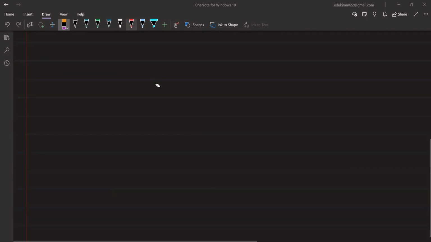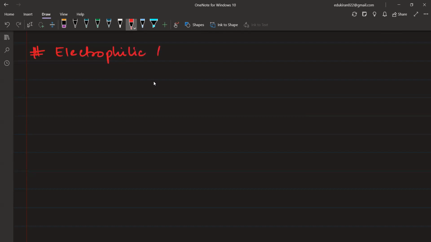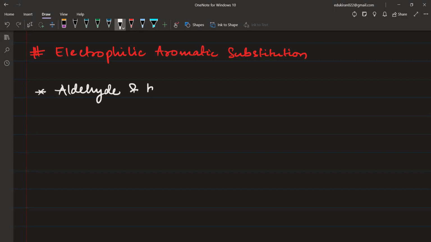Electrophilic aromatic substitution. Now here you will write: aldehydes and ketones are deactivating and meta directing groups.